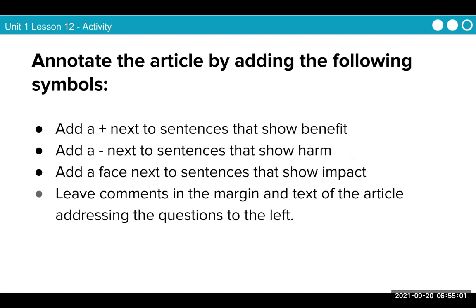Then you're going to annotate the article by adding the following symbols. Add a plus sign next to a sentence that shows a benefit. Add a minus sign next to a sentence that shows a harm. Add a face next to sentences that show impact. Leave comments in the margin and text of the article addressing the questions to the left.